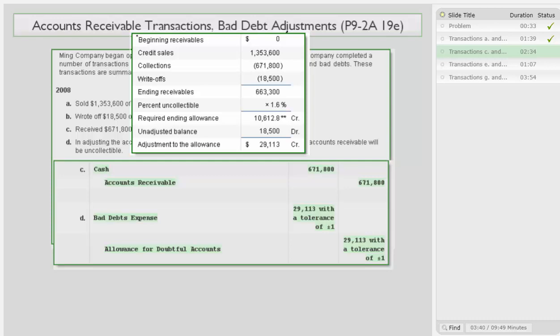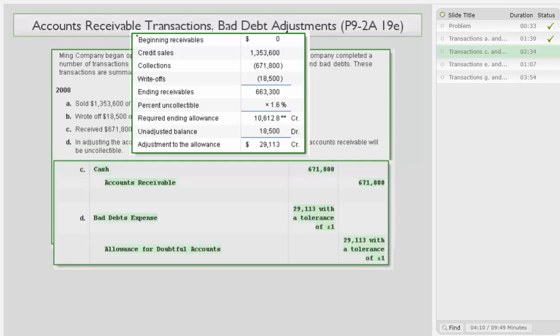$663,300. So we take that times 1.6%, and what we calculate is that we're expecting to have a required ending allowance of $10,612.80. The unadjusted balance was $18,500, meaning that we had a debit balance of $18,500 sitting in the allowance for bad debt accounts.